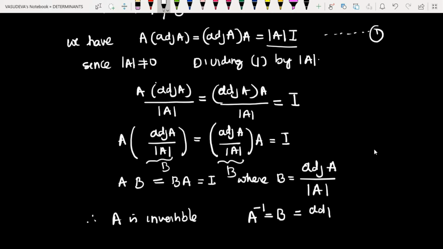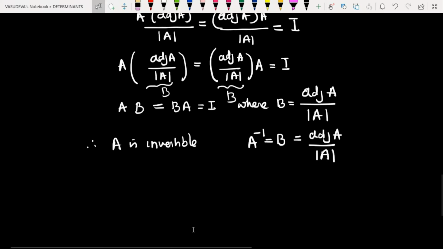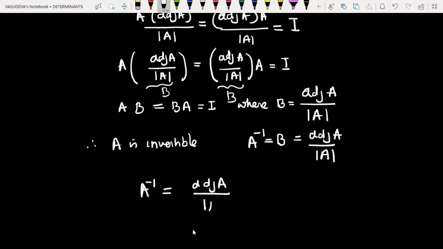B is adjoint of A divided by determinant of A. So from this we got a formula for the inverse of a matrix: A inverse is equal to adjoint of A divided by determinant of A. This is one of the important results we got from this theorem.